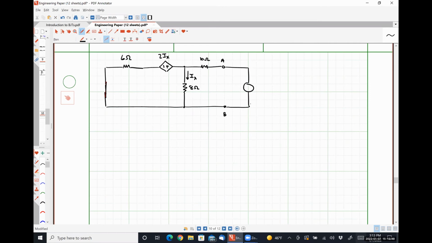So Kennedy, do you want our current source to be direction up or direction down? Down, okay. And Mitchell, what value of current do you want us to use? 5. All right, so we'll have 5 amps direction down.